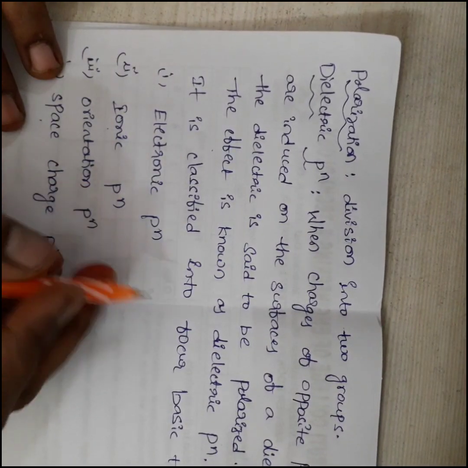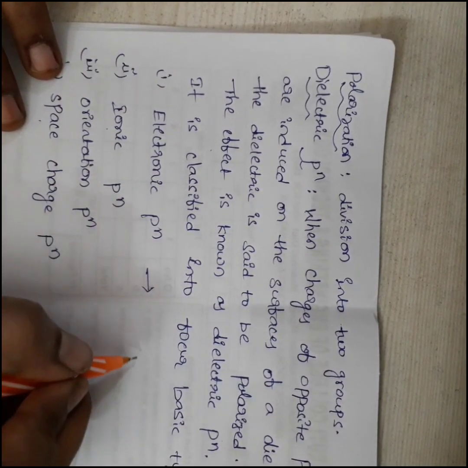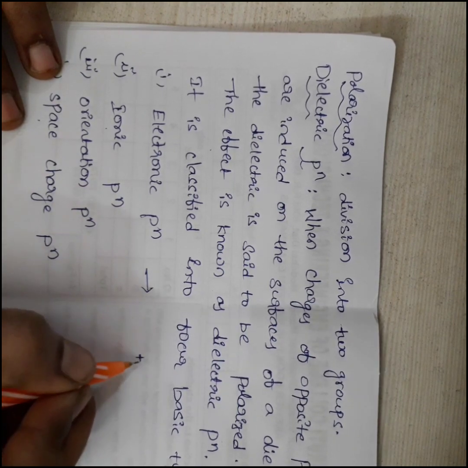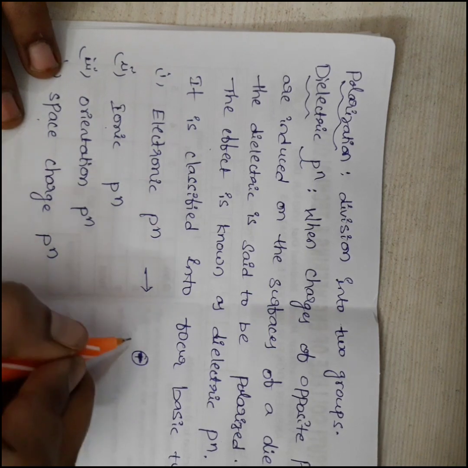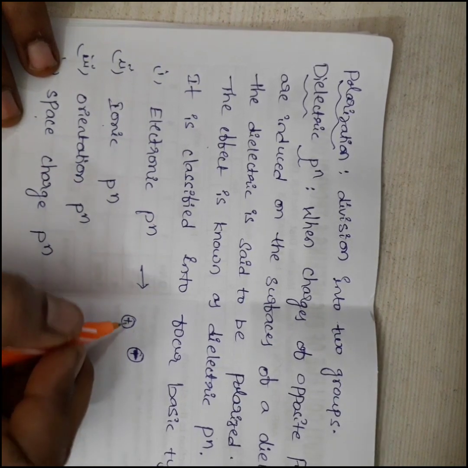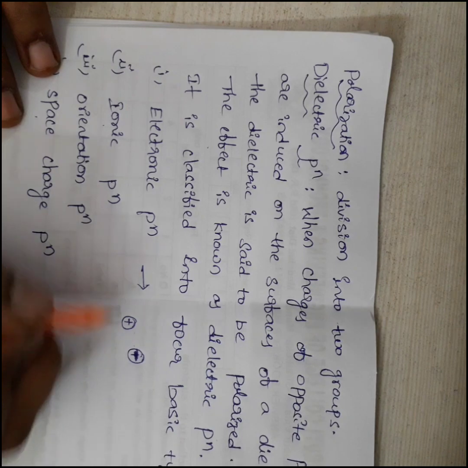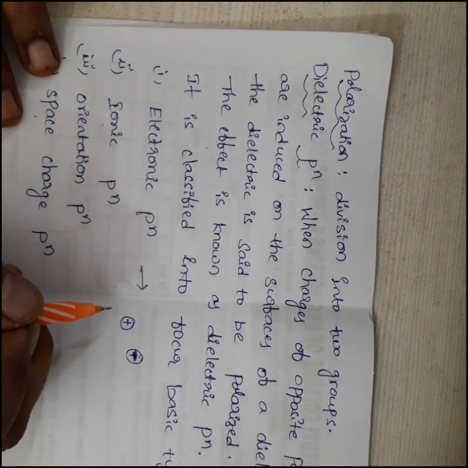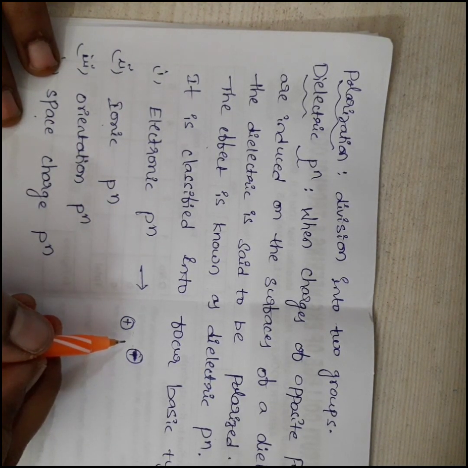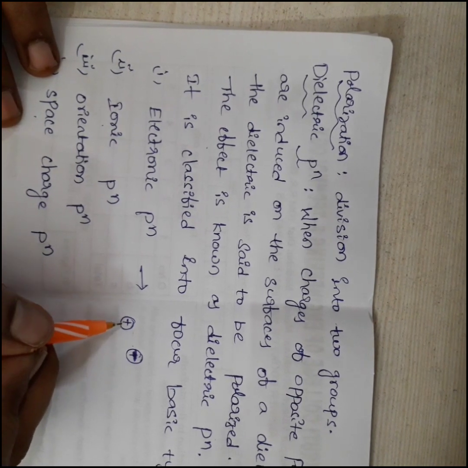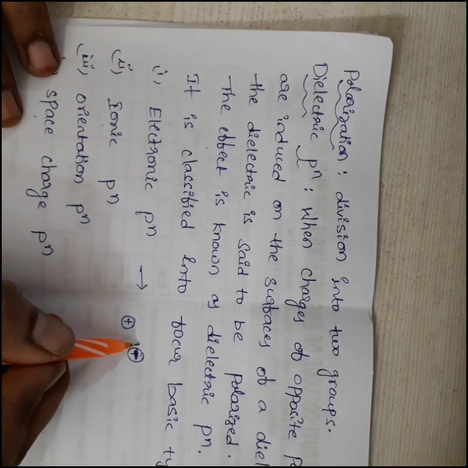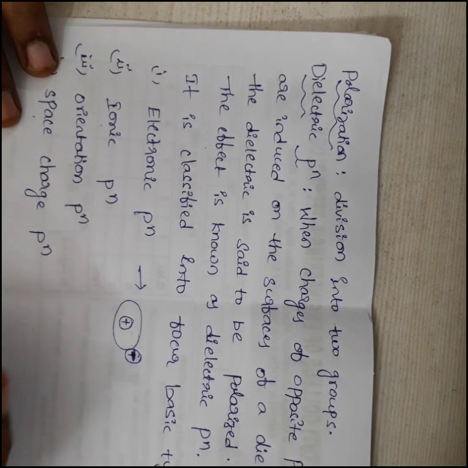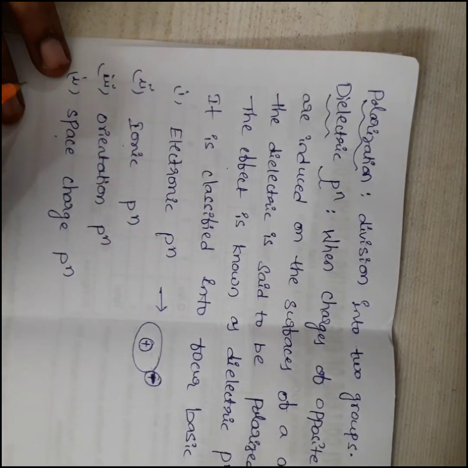Whenever the negative electron cloud is separated from the positive nucleus, it is said to be electronic polarization. The separation of the positively charged nucleus from the negative electronic clouds is known as electronic polarization.